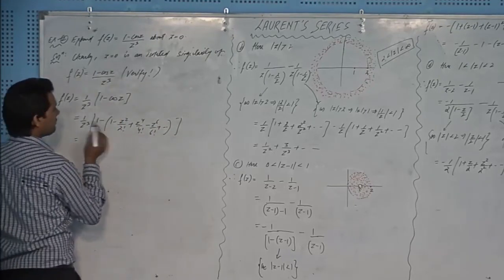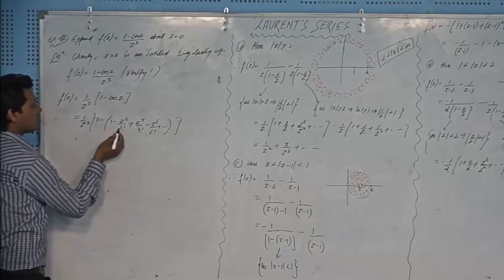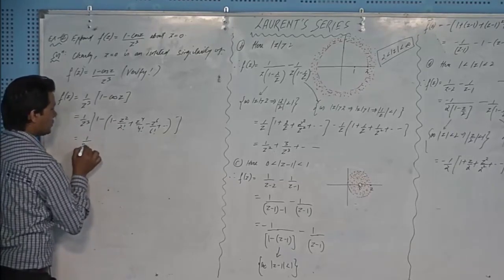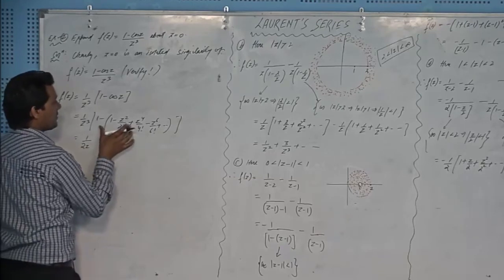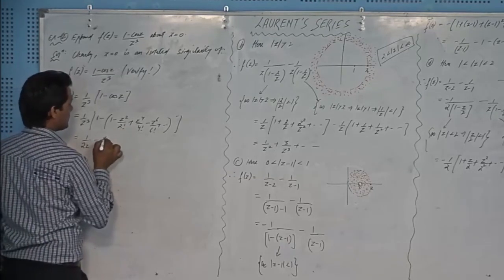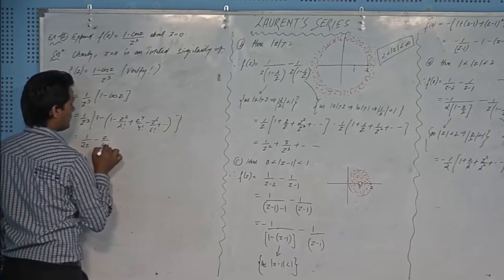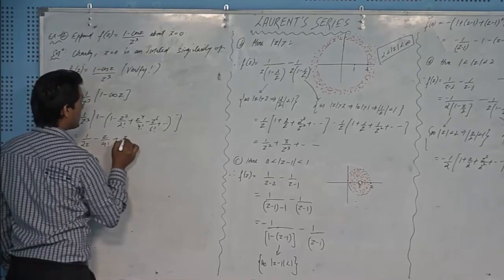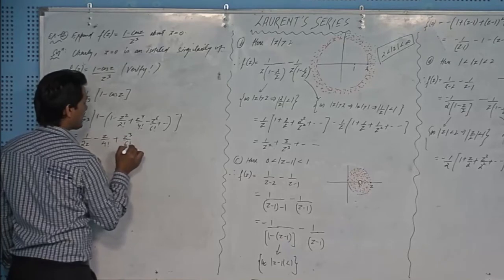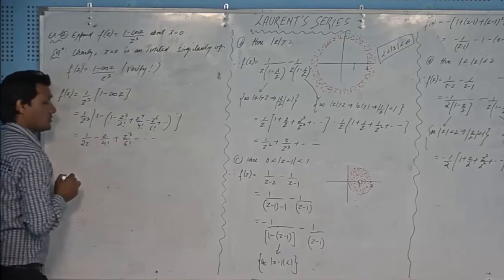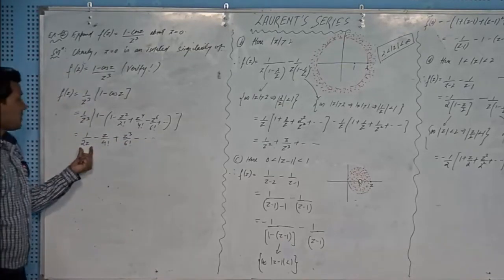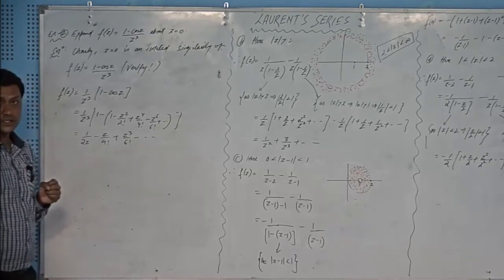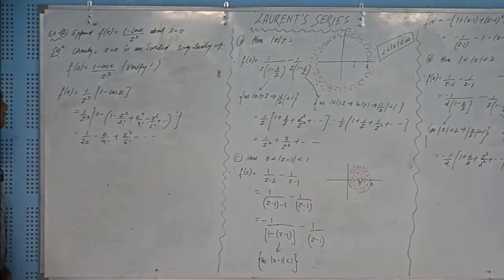Then 1 and 1 will be cancelled out, and then plus z square by 2 factorial, divided by z cube, that will give me 1 over 2z, minus z over 4 factorial, and then plus z cube over 6 factorial and so on. So you can see that there is a negative power of z as well as positive powers of z, so hence it is a Laurent series, and obviously it has to be.